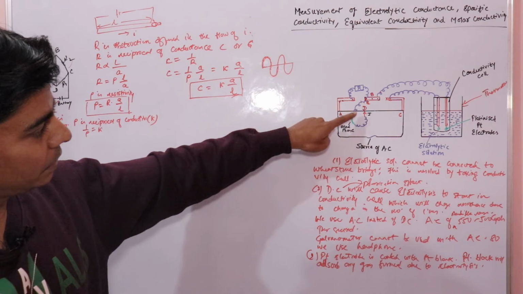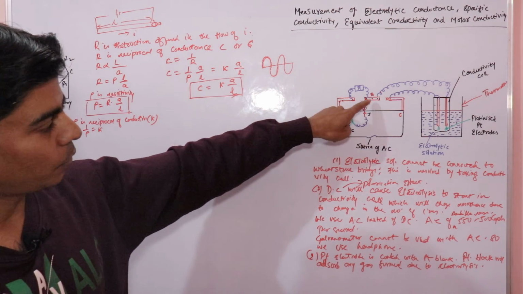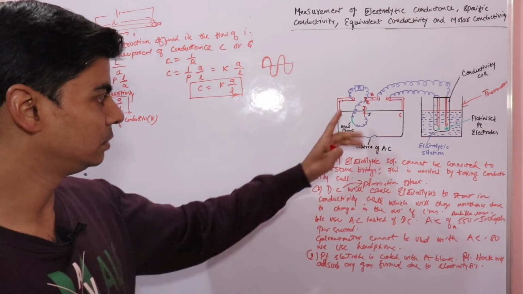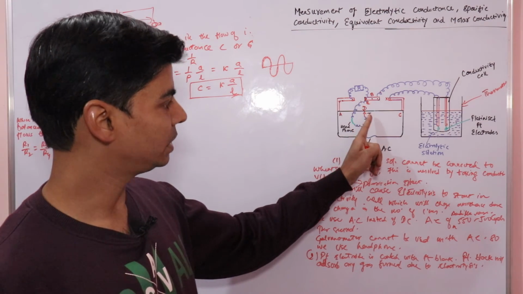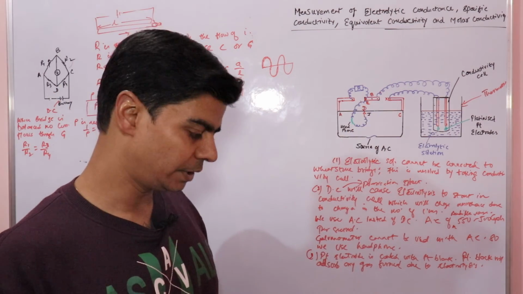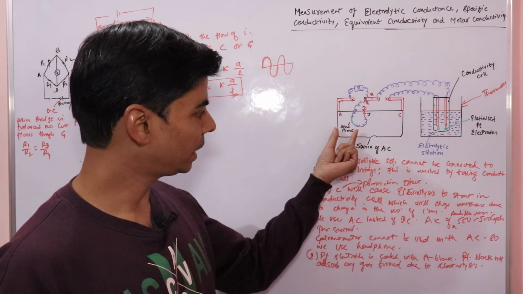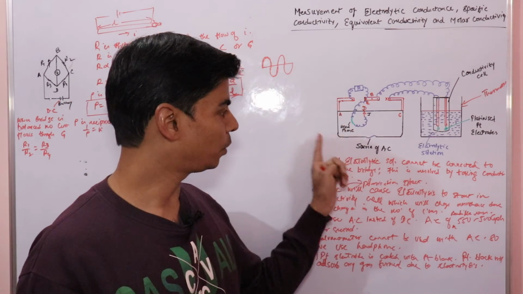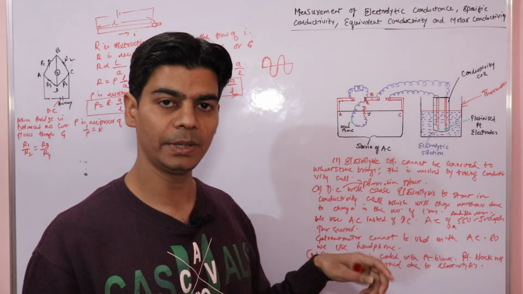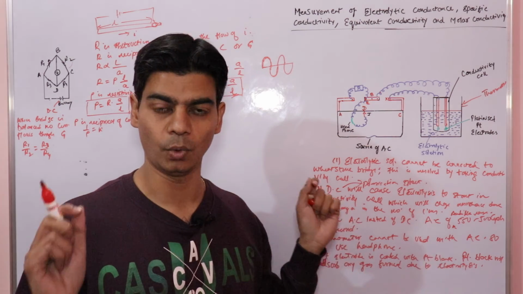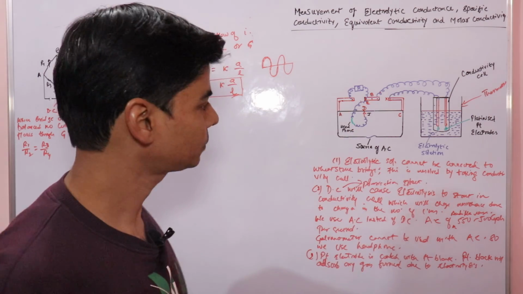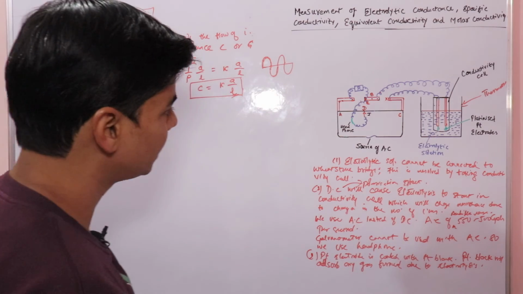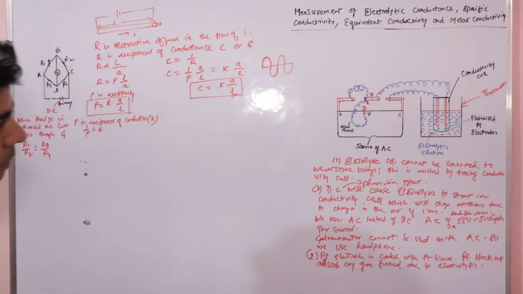This headphone is connected between point D and point E, and at the null point, when the jockey moves to point D, there is minimum current or no current in this headphone. You will see the null point is determined when there is minimum voice in this headphone.